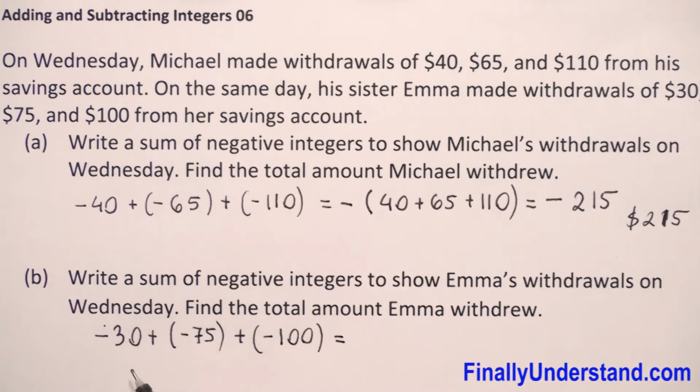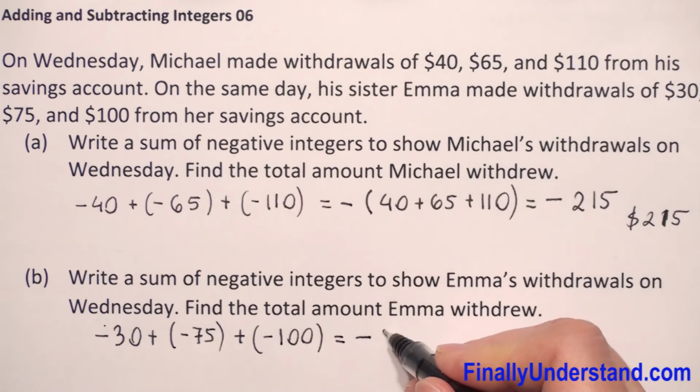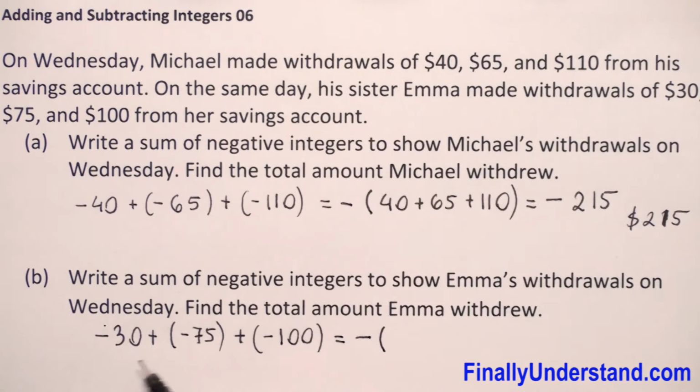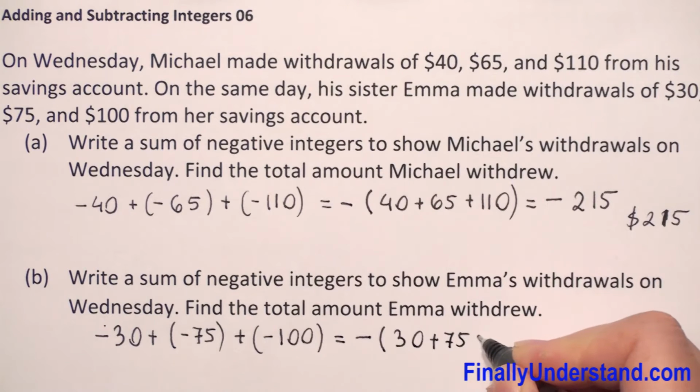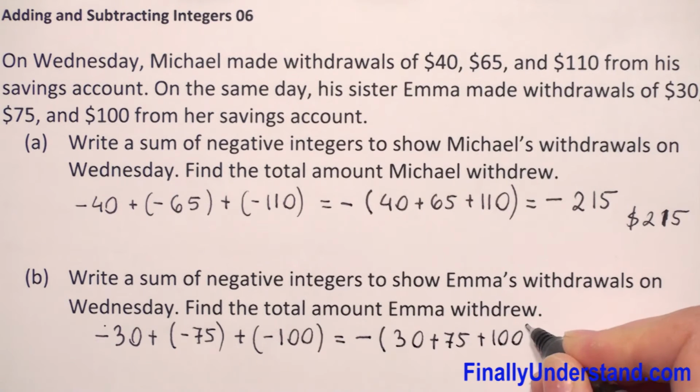So now we have addition of negative integers, three negative integers. So we copy the negative sign and we just add the numbers 30, 75 and 100. So we have 30 plus 75 plus 100.